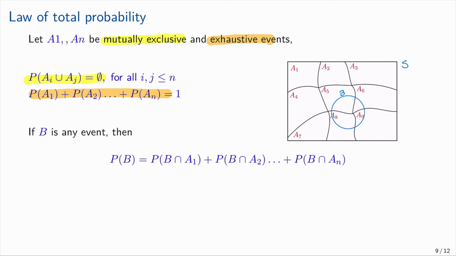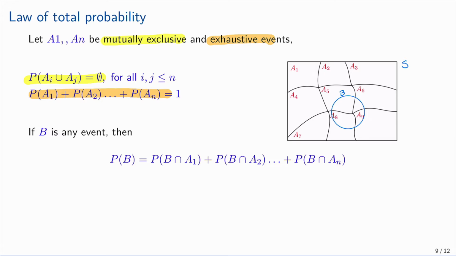So we know the probability of B is all this region, and that region is given by the intersection. If we intersect with all of them, including this one, in this case the intersection is going to be empty, so the probability is 0.